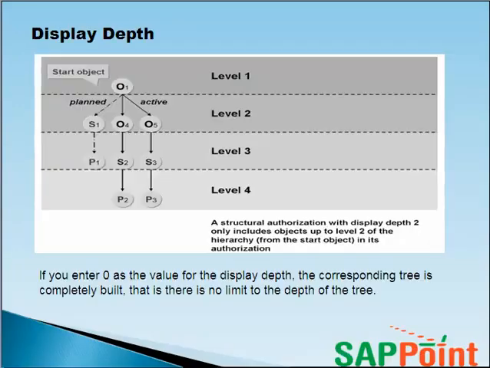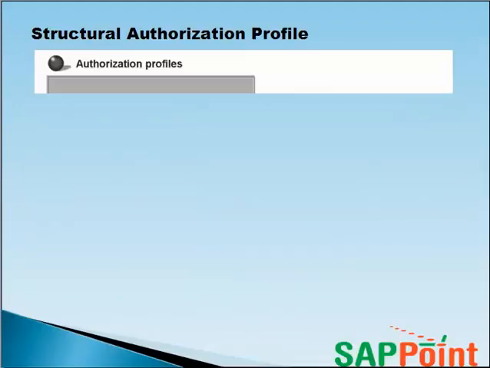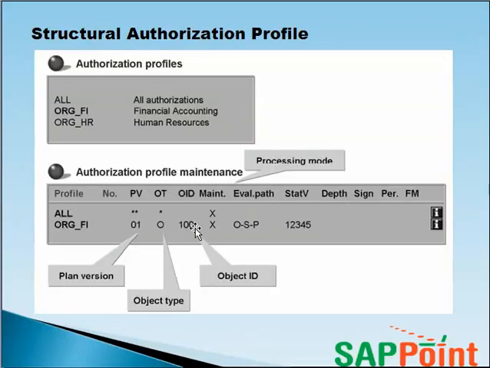So the objects can be determined either by specifying the starting object manually, specifically in the structure profile, or you can use a function module to dynamically determine a root object during runtime. So instead of maintaining a starting object ID specifically, you can use a function module.